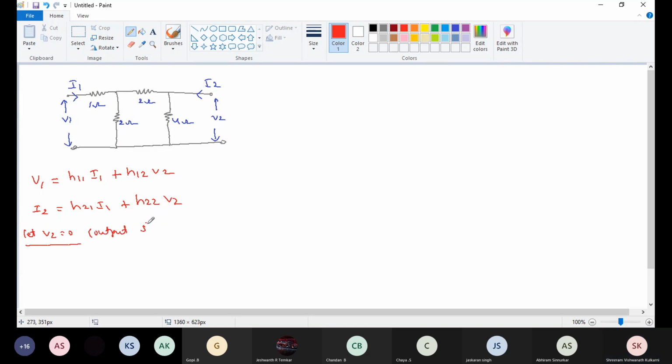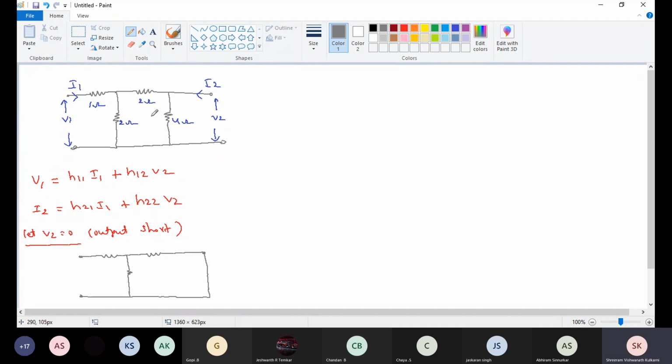Now if I do that, same problem, similar problem we have seen in the calculation of Z parameters, where I shorted this, then the current will choose this path.